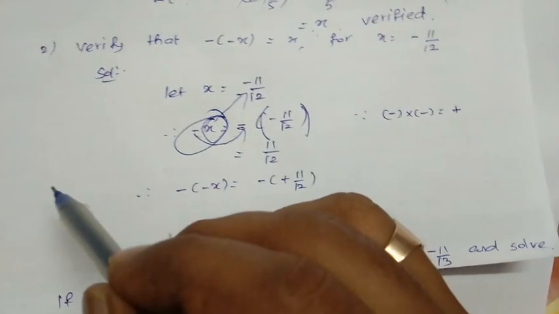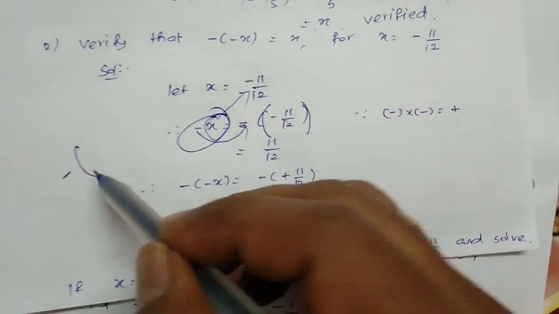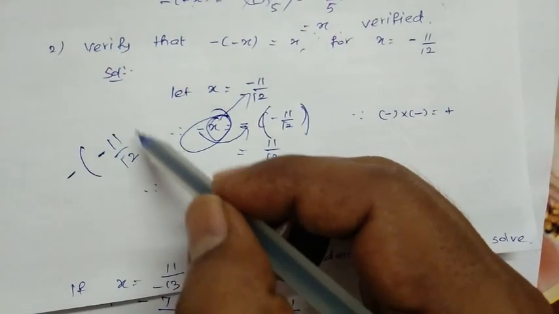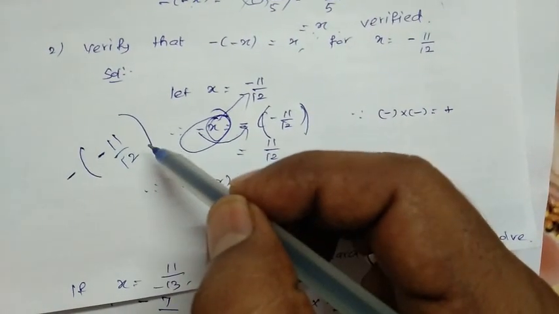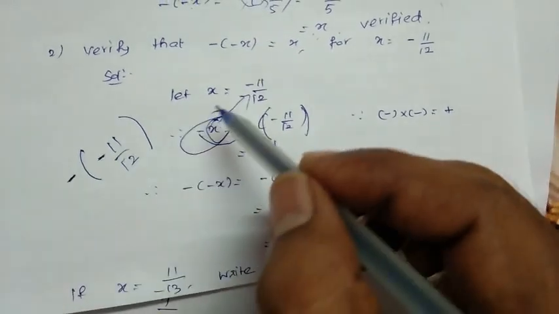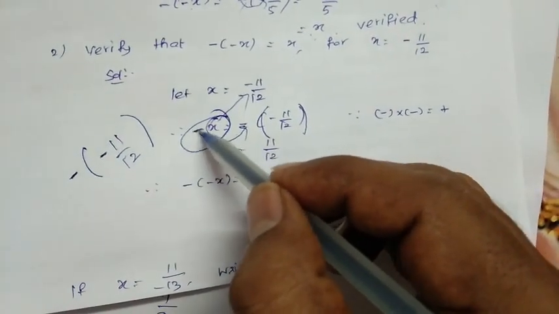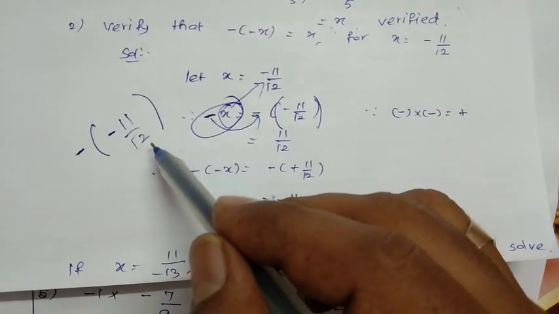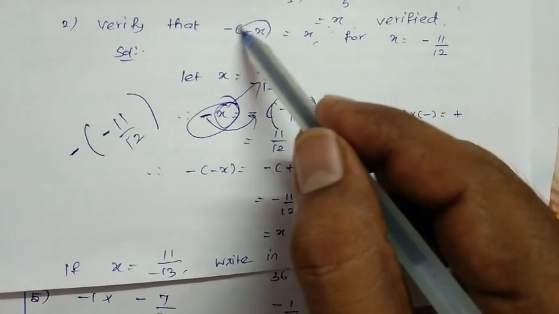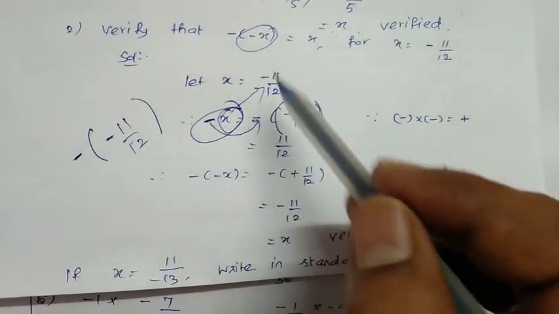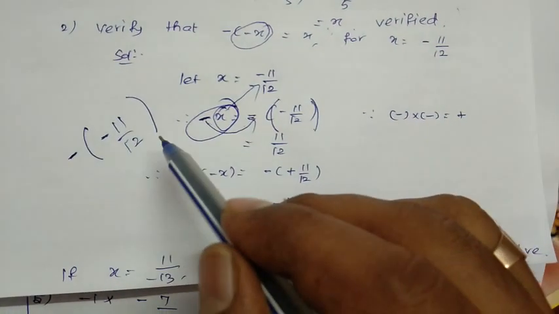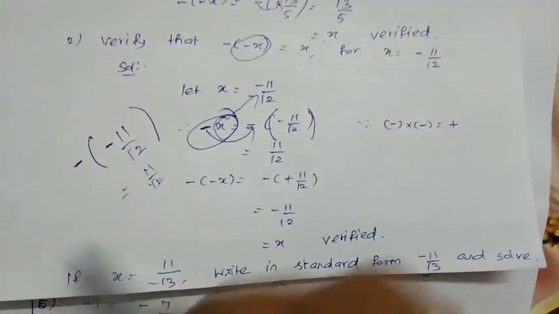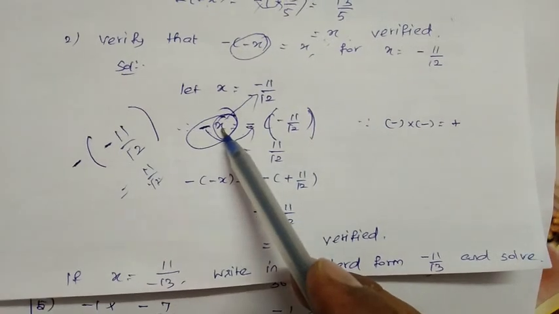Now minus of x value minus 11 by 12. So minus, and substitute x equal to minus 11 by 12. Now this is equal to minus into minus, plus. This is the value, plus 11 by 12, is the value of minus x.